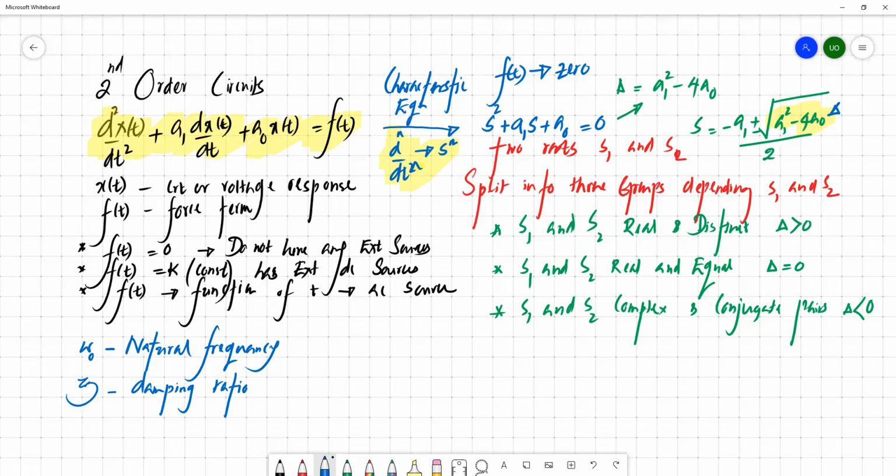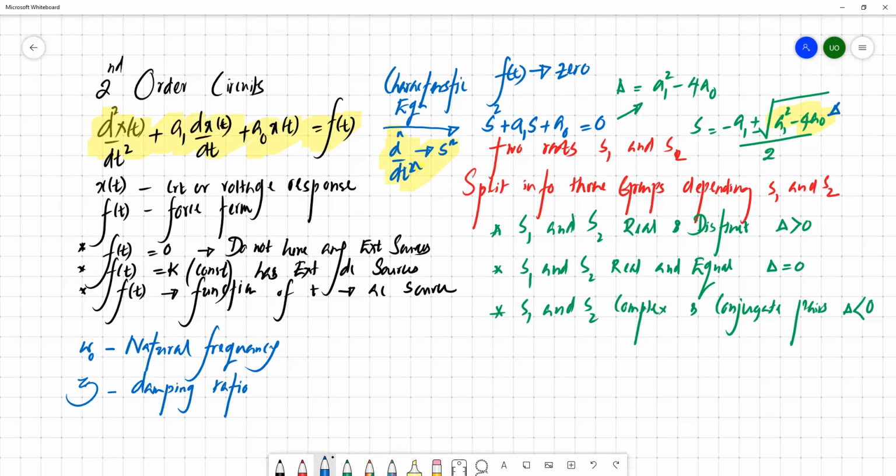So we can bring these two new variables into this discussion: the natural frequency and zeta, the damping ratio. We'll see the relation of this damping ratio and natural frequency for this particular circuit later on.